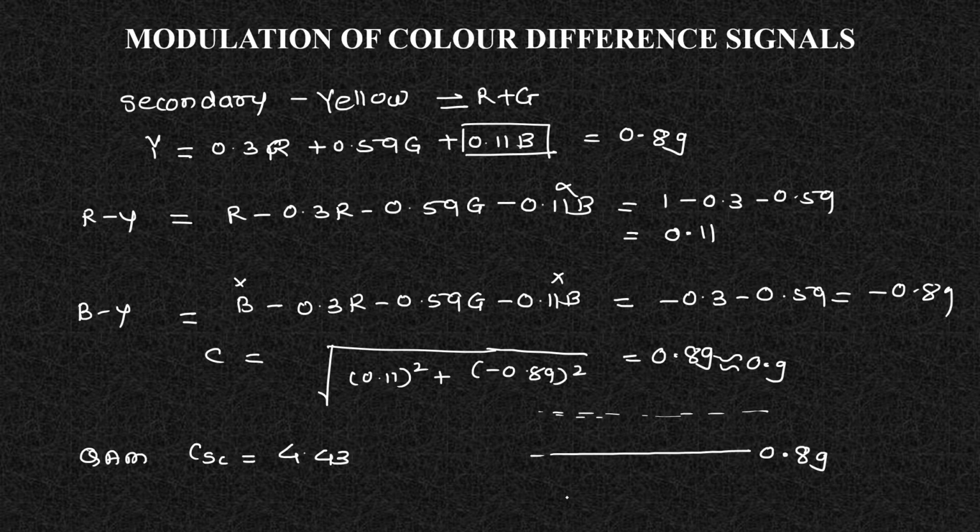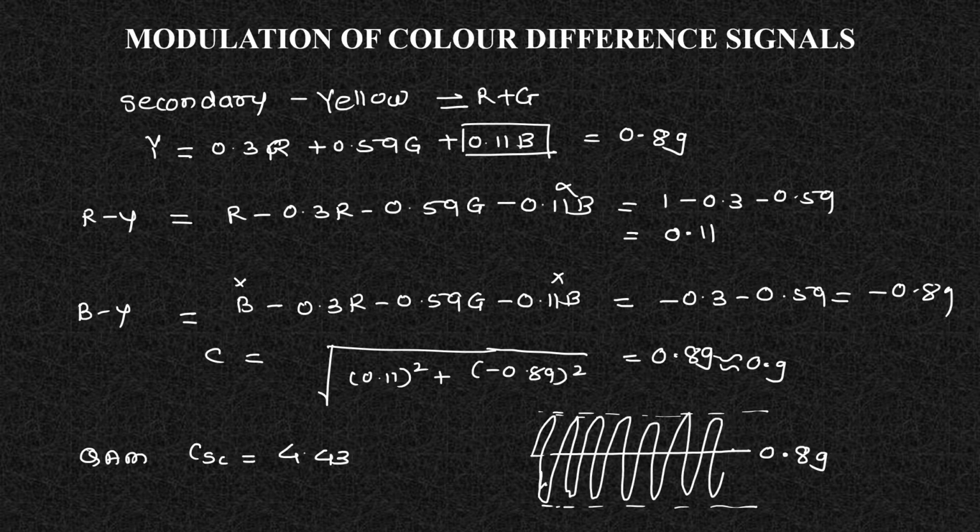Okay. And the amplitude of this particular signal is nothing but, I'm trying to draw it to give you the idea. This particular amplitude will be 0.9 and this amplitude will be 0.9. Now you can imagine, as we are talking about quadrature amplitude modulation, the modulation index should not exceed 1. But here your modulation index is close to 0.9, so it is near about 1.8, 80% over modulation you will observe here. Okay.